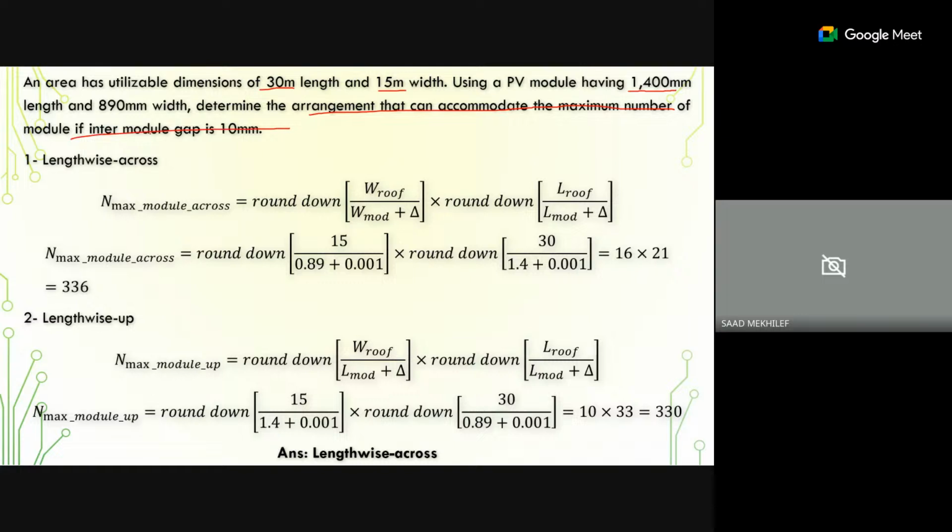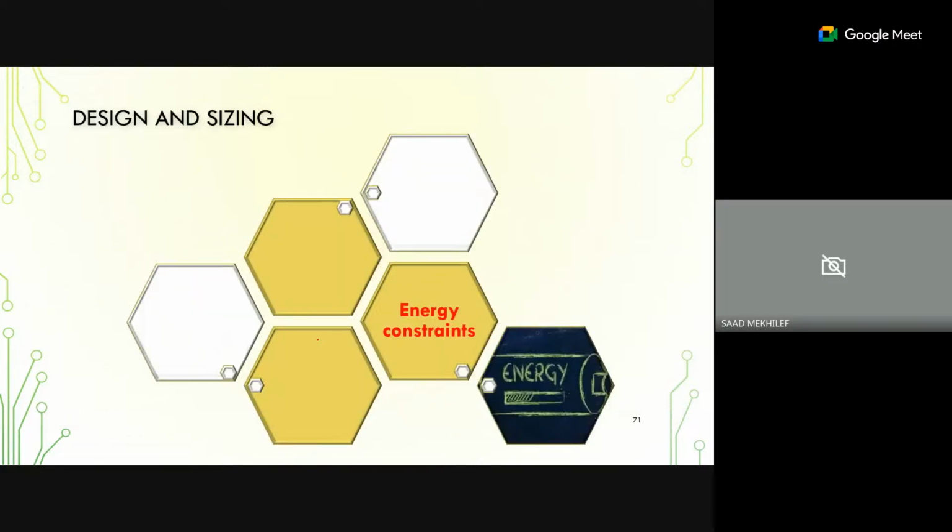If the inter-module gap, because there is always a gap. You see this delta here? This is the gap. You cannot calculate exactly, because there will be a gap of maybe 1 cm. That's 0.1 meter. Okay.